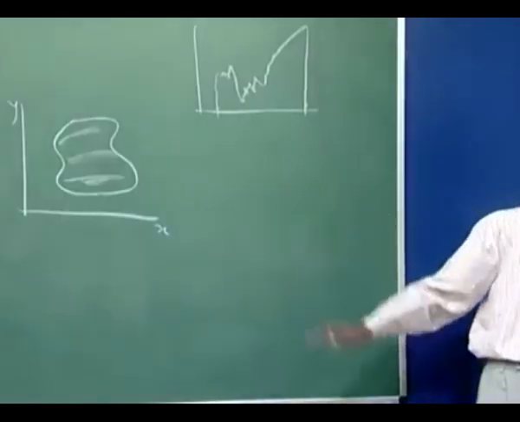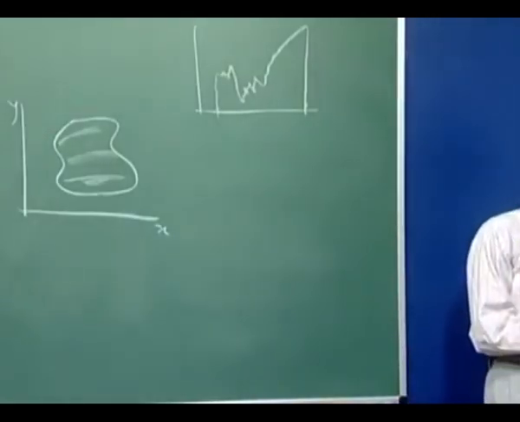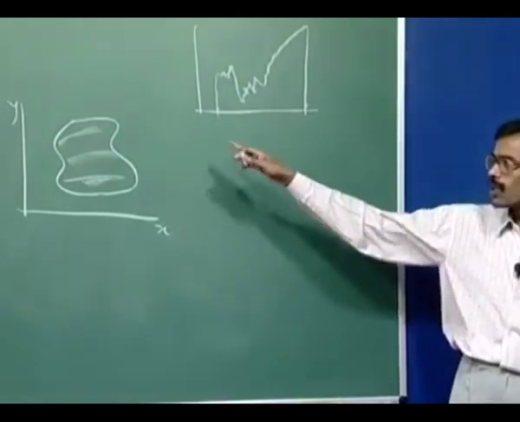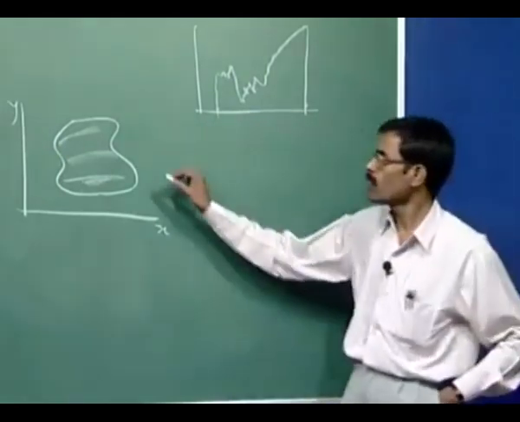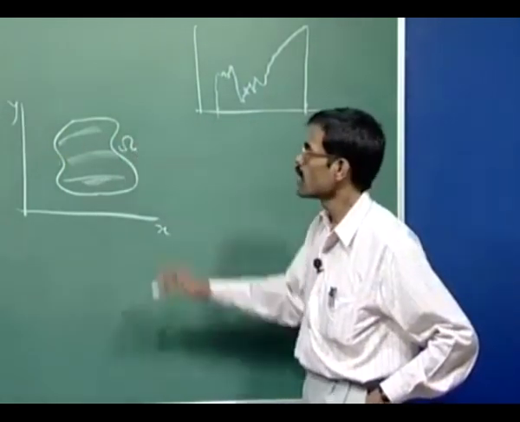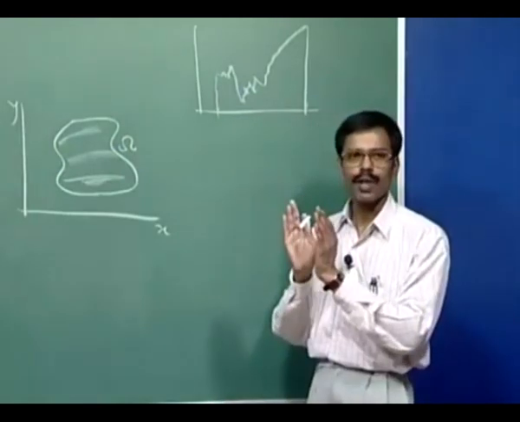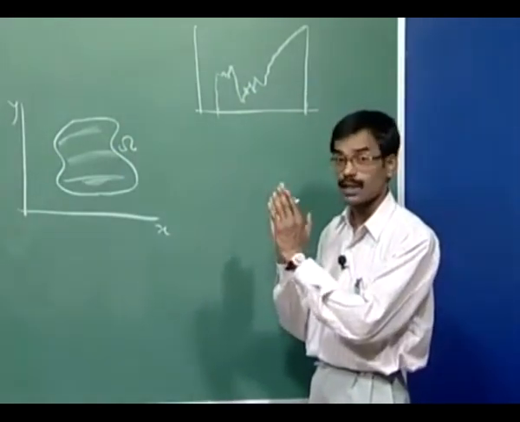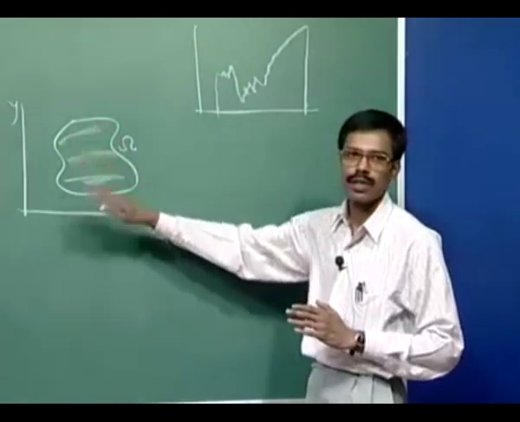You want a simple volume. In the case of a two variable problem, it is an area, a simple volume enclosing the domain omega. Suppose this is the domain omega, and what you need is a straightforward, geometrically simple region which encloses this completely.